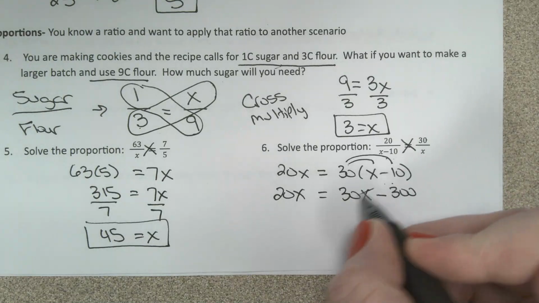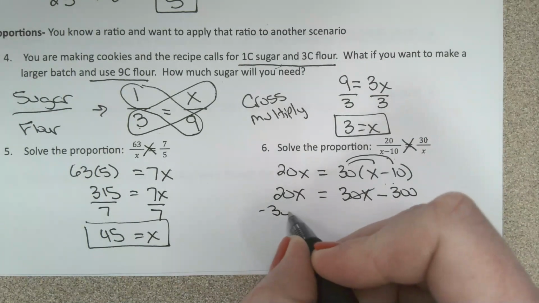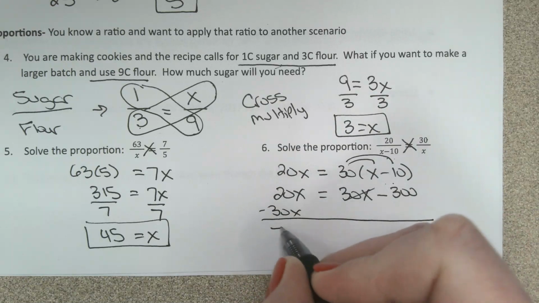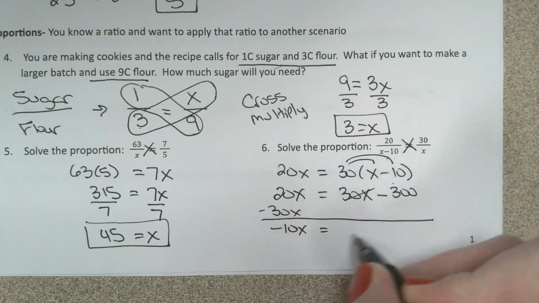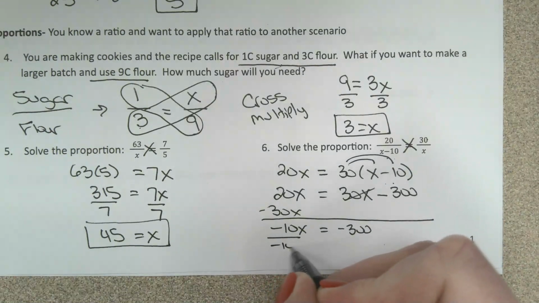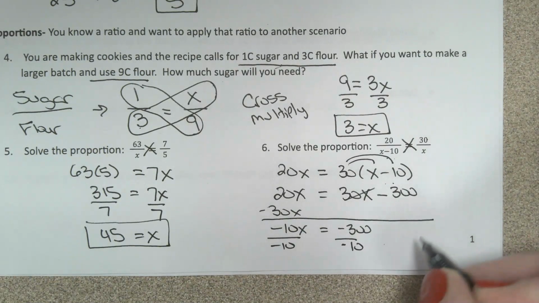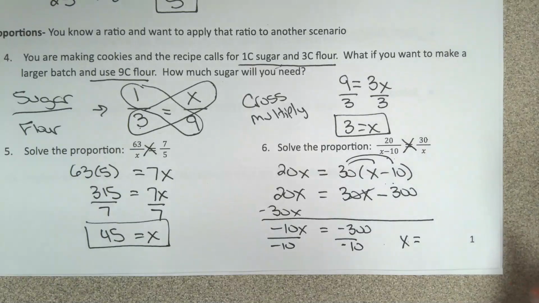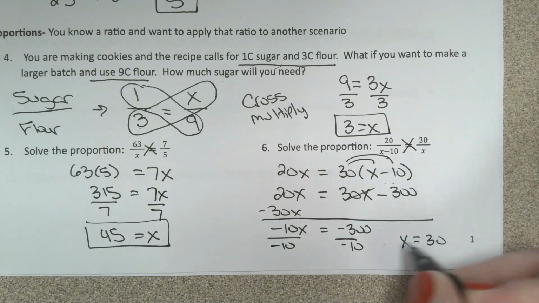I'm going to get my letters on one side, so I'm going to subtract 30x over. Negative 10x equals negative 300. I'm going to divide both sides by negative 10 and get x equals 30.